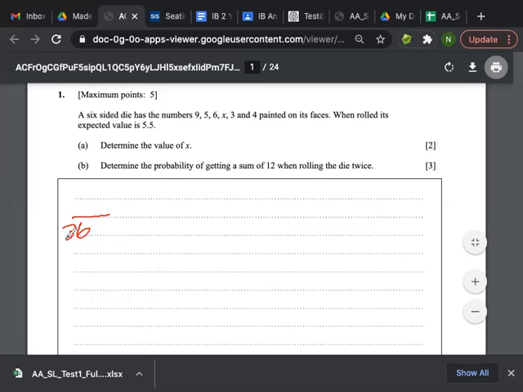Now, how many different ways with 2 die, because remember it's not 1 through 6, it's these numbers, and we found that x was 6 right here. How many different ways can I make this add up to 12?